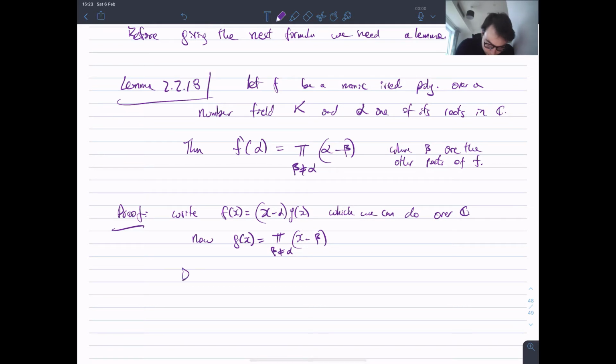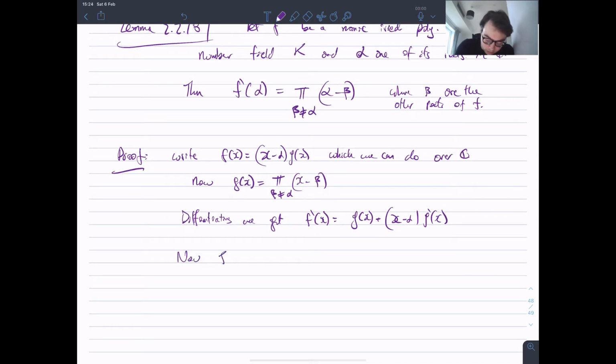So differentiating, we get f prime of x is g of x plus x minus alpha times g prime of x.